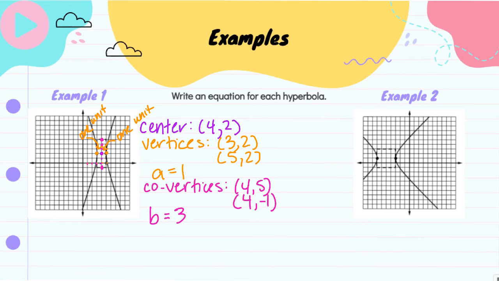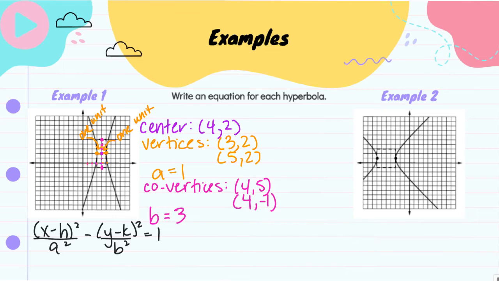The transverse axis, if you recall, is the axis that connects the vertex points. So it goes from here to here. It's kind of hard to see, but that means we are going to use the equation of the horizontal hyperbola, which is (x minus h) squared over a squared minus (y minus k) squared over b squared equals 1.